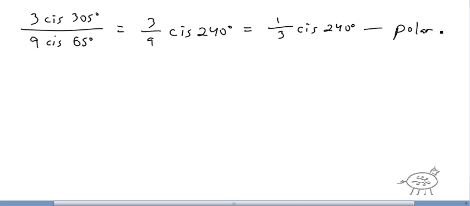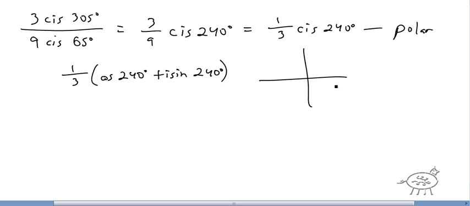Rectangular form, let's kind of write it out here. It's 1/3 times cosine of 240 plus i sine of 240. And if you remember here, 240 is down here. And the reference angle is 60 degrees. And their sine and cosine are both negative here, so it's 1/3 times cosine of 60, so it's negative, and it's going to be negative 1/2.